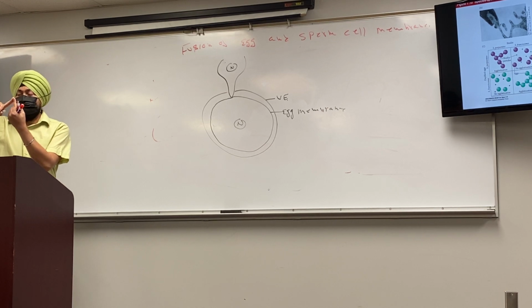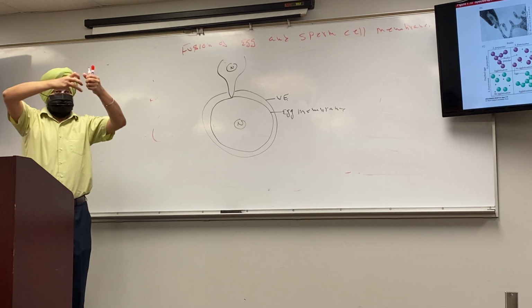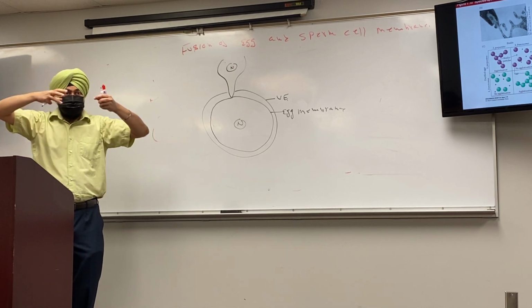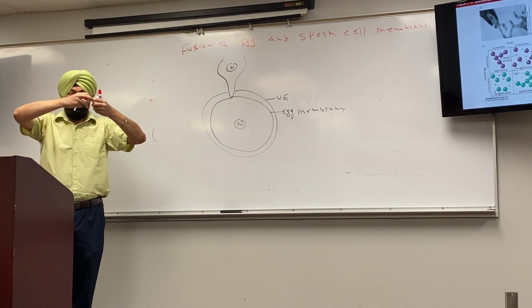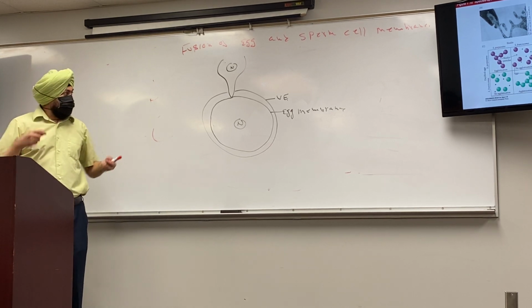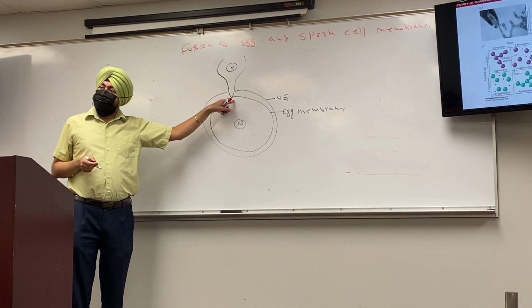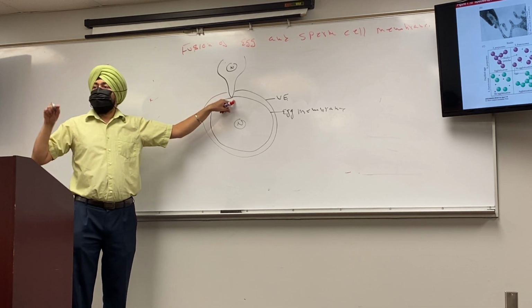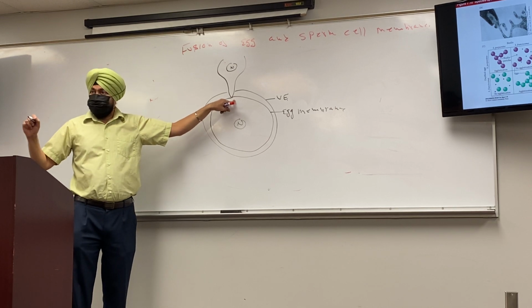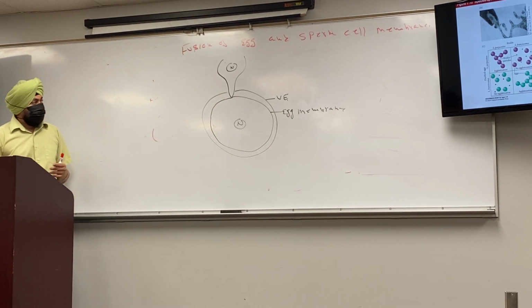If you remember from your previous cell biology class, we said there are SNARE proteins which allow membranes to come in very close proximity so that the lipid bilayers can mix with each other. So it means there should be something here which can allow it to mix with the lipid bilayer of the egg membrane.